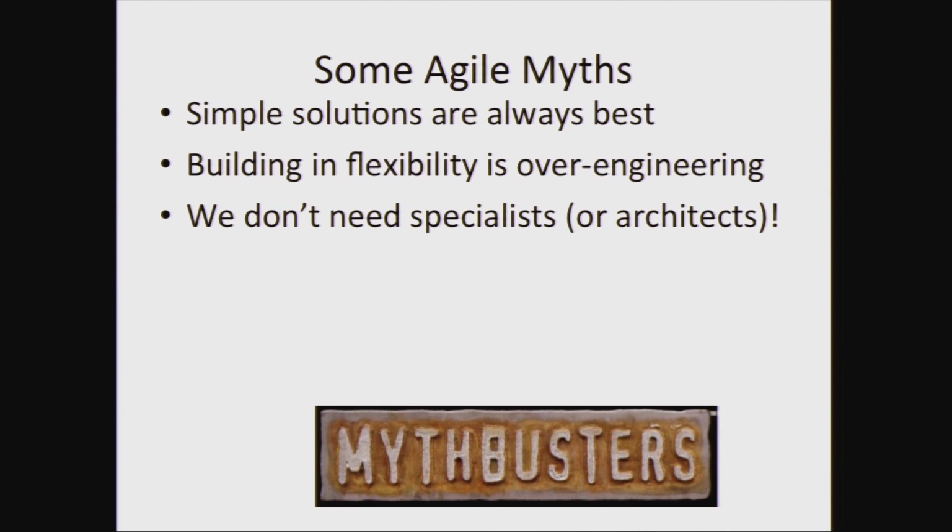The other thing that I've seen on teams as I've gone around is "we don't need no stinking specialists." Johanna Rothman has talked about how, ideally, everyone on a team should be a generalizing specialist, which means, yeah, you might have an area of expertise, but you ought to be able to do anything.